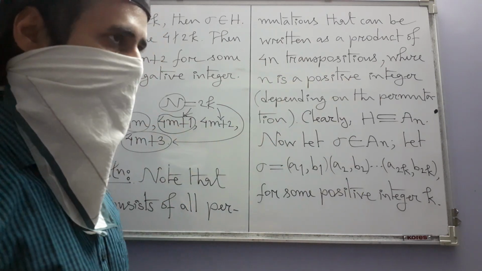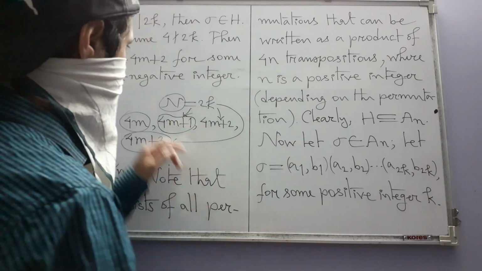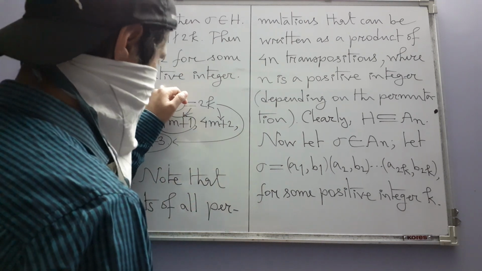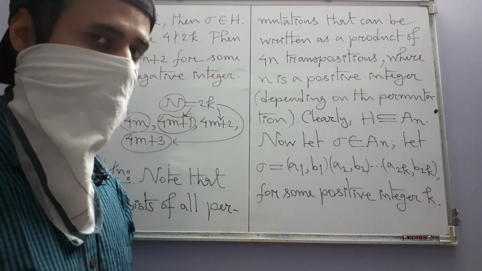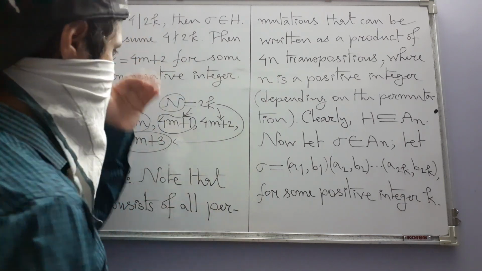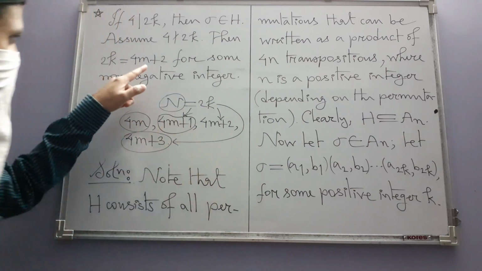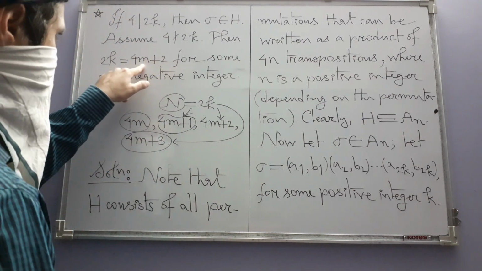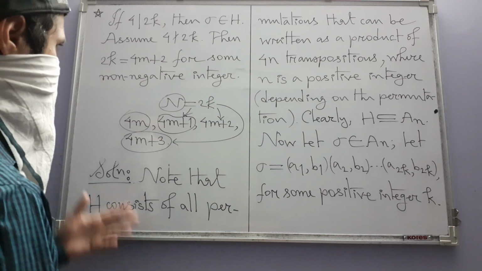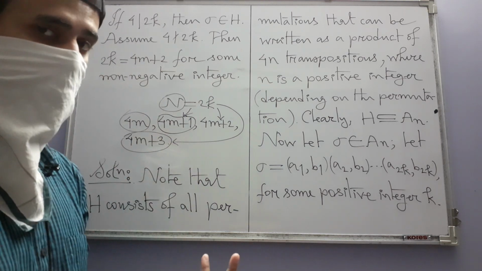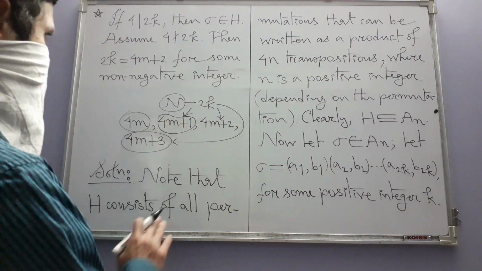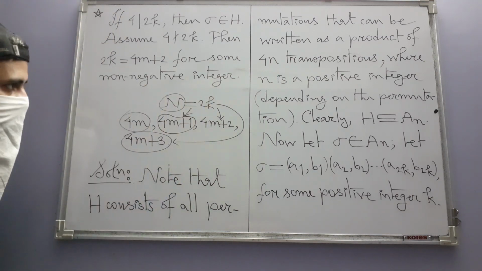Why suddenly non-negative integer here? We want non-negativity here in order to include the case n equal to 2k equal to 2, because to have that we need m to be 0. So if you take m to be positive, then that case 2 will not be covered. Just for that we are considering non-negative integer.